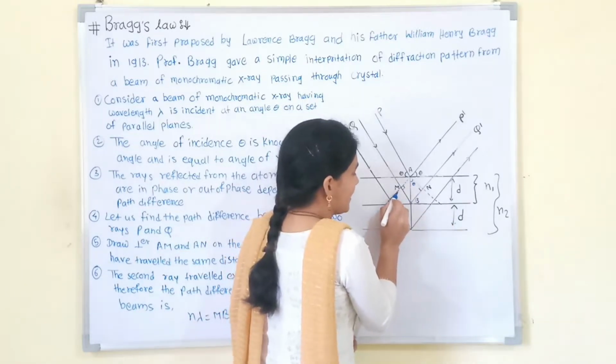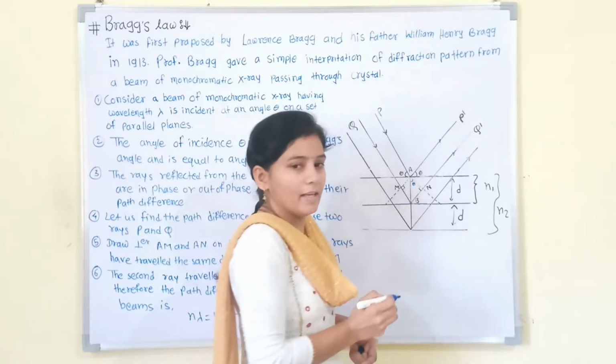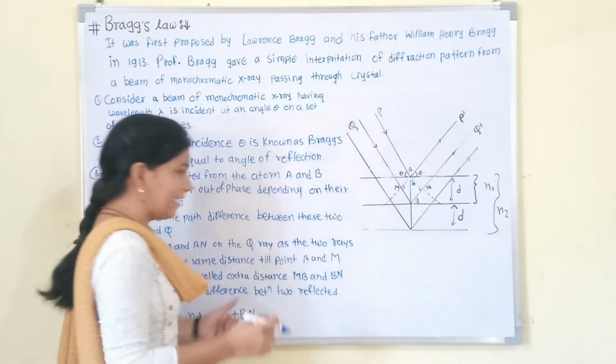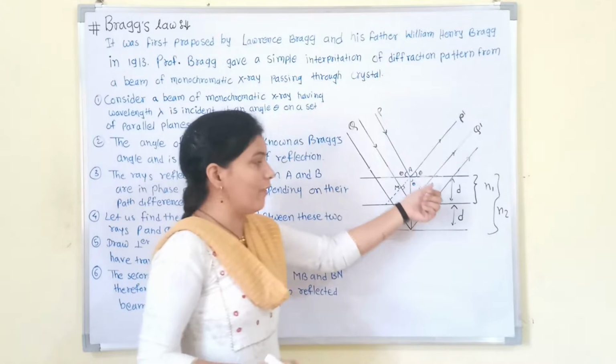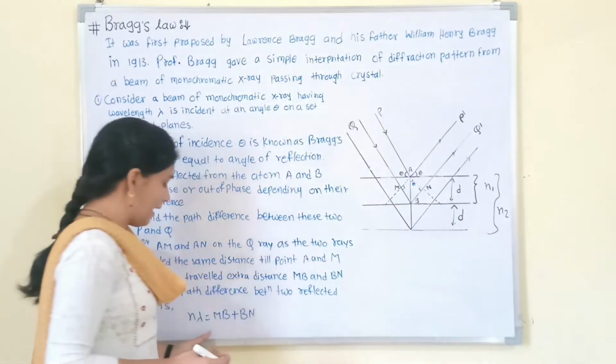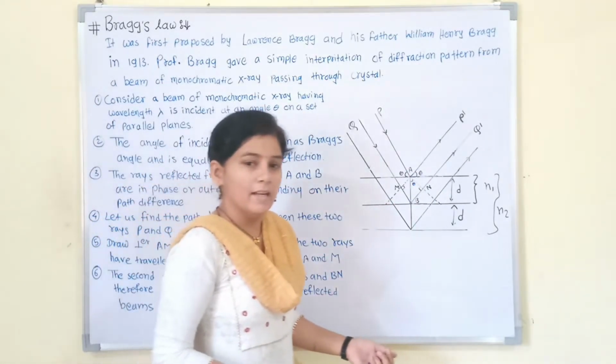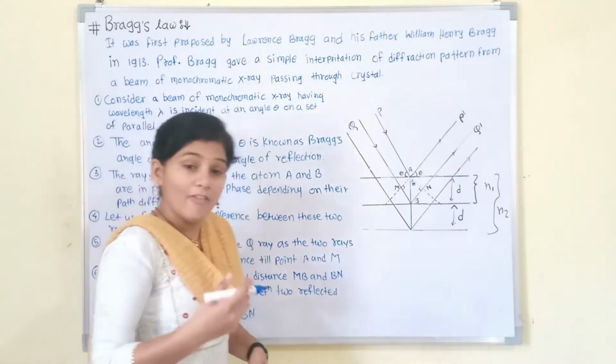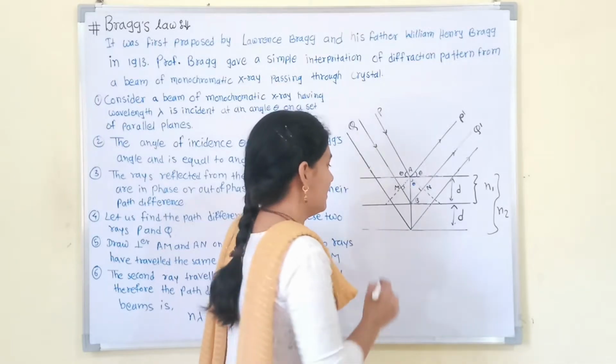That extra distance is MB and BN. So the path difference between the two reflected beams is n lambda equal to MB plus BN. So we can say the path difference is an integral multiple of lambda. We will calculate this path difference.